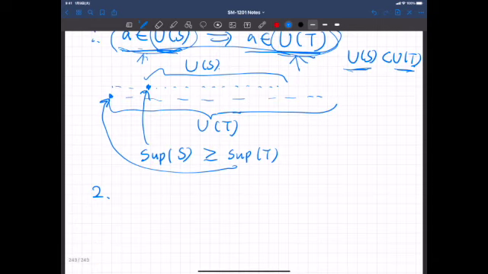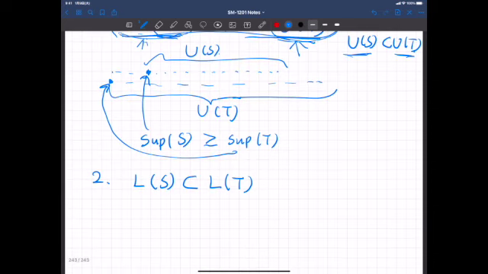And similarly, we can prove that the set of lower bounds of S is a subset of the set of all lower bounds of T by a similar argument. So from this, we can tell that infimum of S is less than or equal to infimum of T. And done.